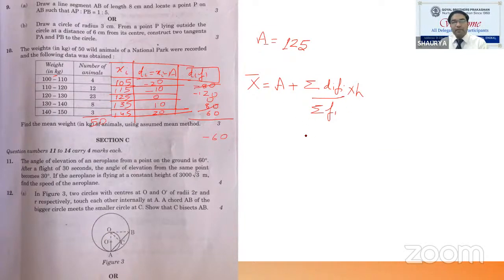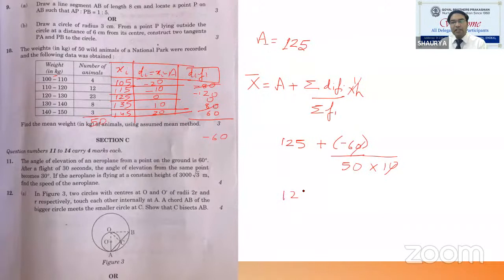Okay. So it's A, which is 125, plus summation, which came out to be minus 60 upon 50. I'm so sorry, I wrote h here. It's into 1 by h, right? It's divided by h. My h in this case, the class size, is 10. So we can cancel this.